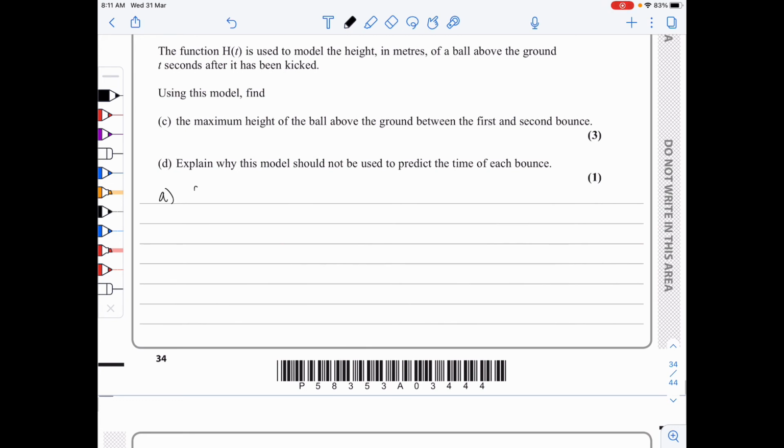So f dash of x will be: differentiate the first, so minus 0.25 e to the minus 0.25x, keep the second, plus keep the first, differentiate the second. I will actually factor out e to the minus 0.25x, and I'm left with minus 2.5 sine x plus 10 cos x.